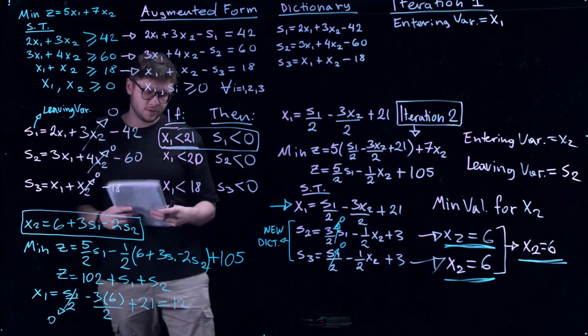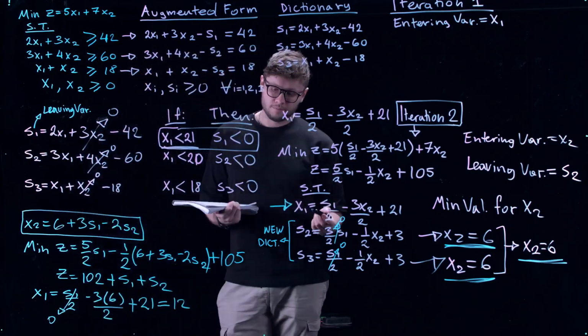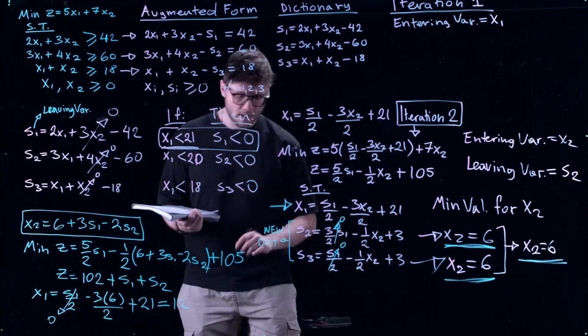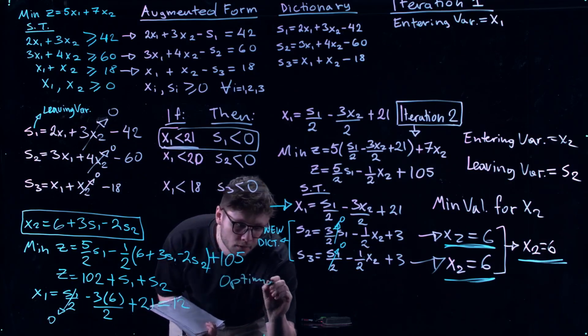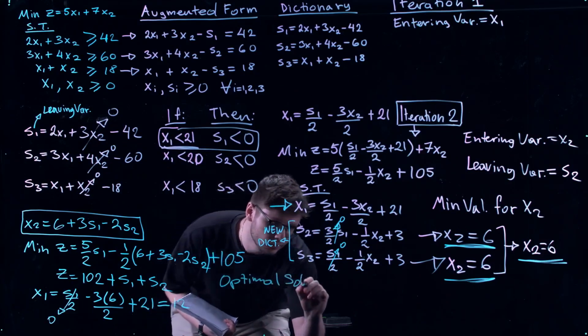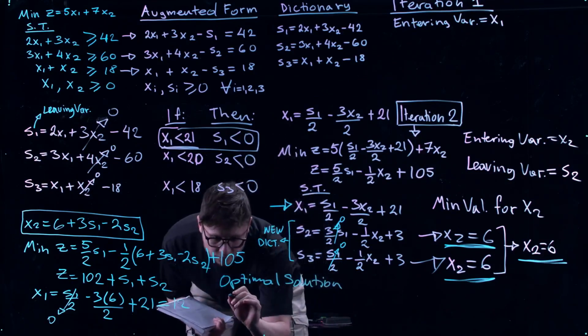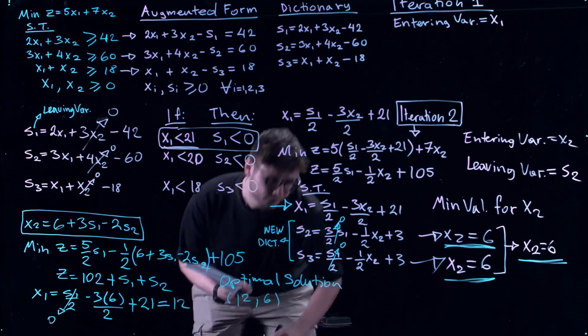This is our value for x1. So that means that our optimal solution, meaning the values of x1 and x2, is going to be, I'll write it over here, optimal solution is going to be 12 and 6.